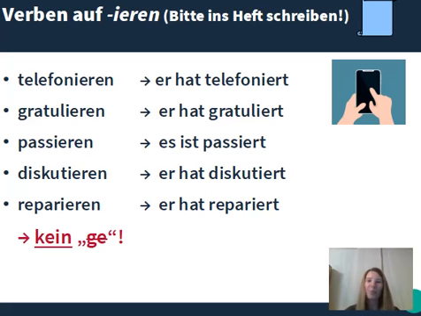And this is 100% every single time. There's no exceptions. Every time you have a verb like this that ends in ieren, they just get a T at the end of the stem. You still have to get rid of the en, but that's it. Pretty easy, right?